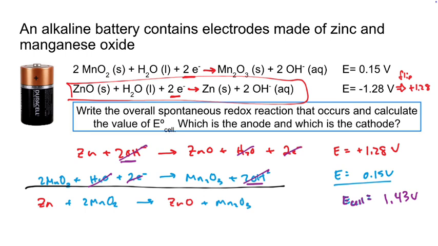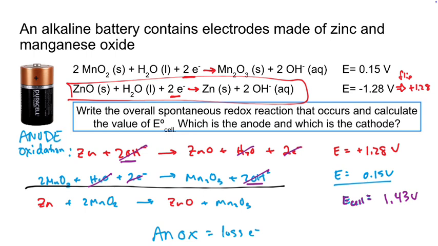I've got a cell potential. What's the anode and which is the cathode? For me personally, An-ox. An-ox meant loss of electrons. Which equation lost electrons? The zinc one, so I would argue my color coding sucks. This was my oxidation, and that meant this was the anode.